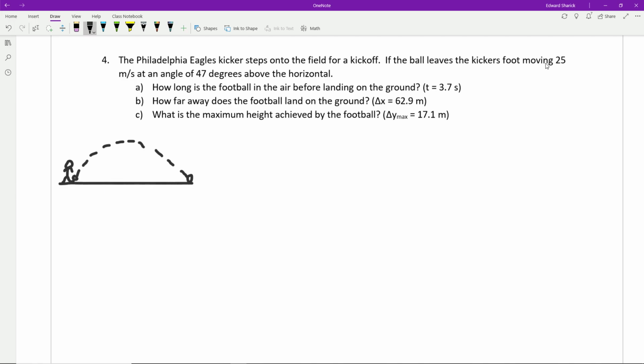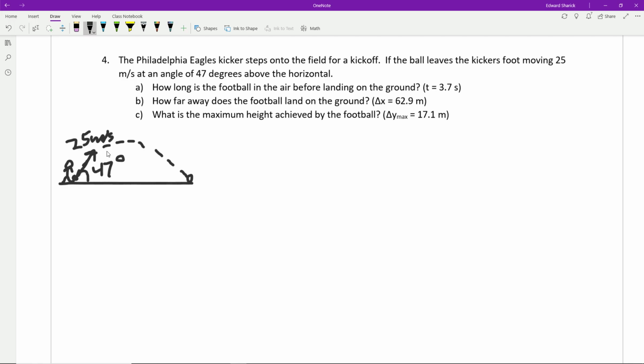What they're telling us in this problem is that it's leaving his foot at 25 meters per second. So if we draw a vector there, the 25 meters per second is the magnitude of that vector. And then the angle that we're at here is 47 degrees. So the angle it makes with the horizontal.